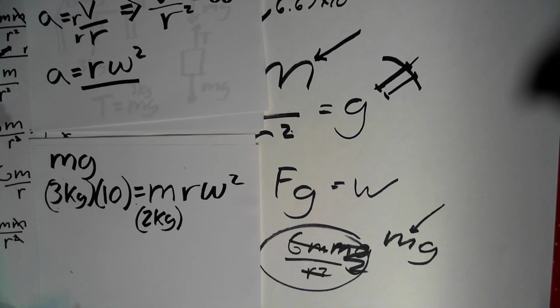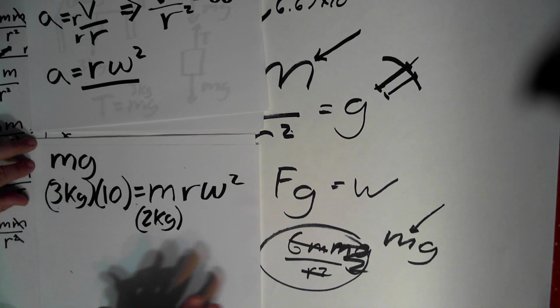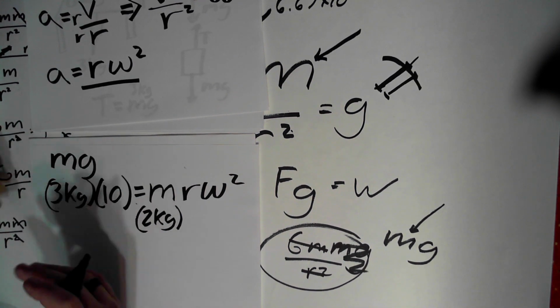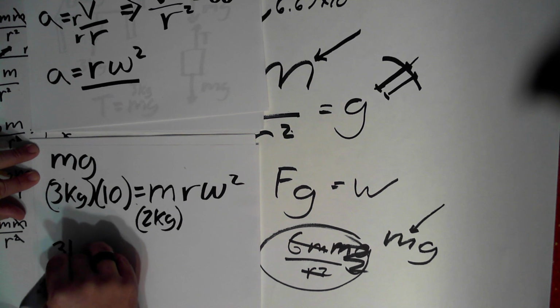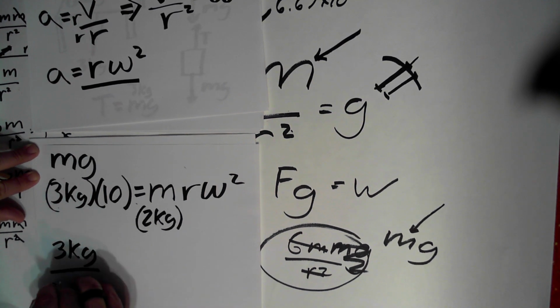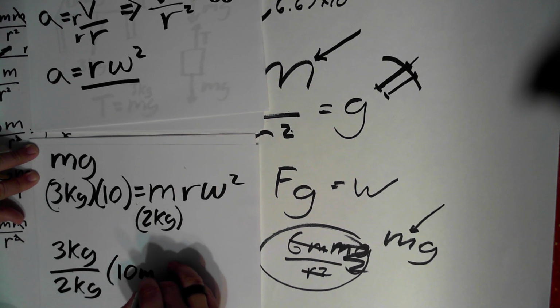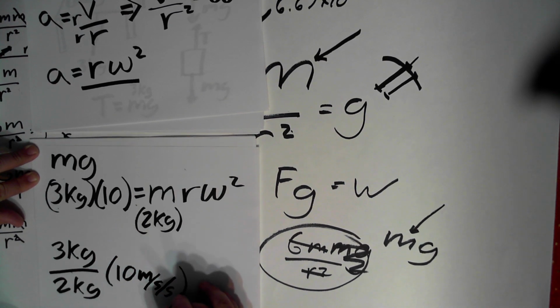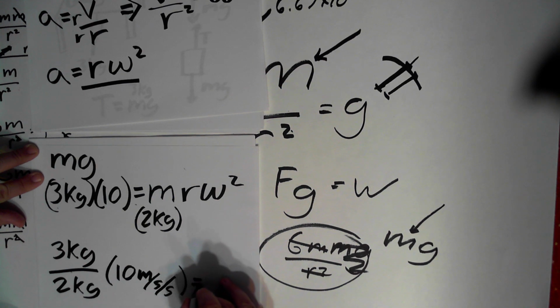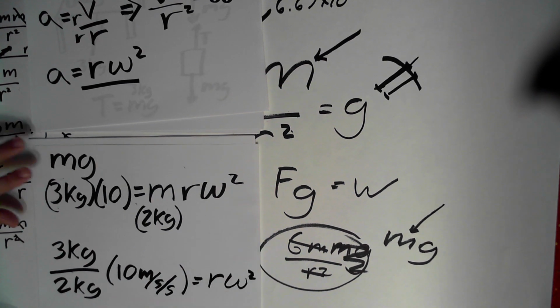Okay, so now combining things and moving things around and solving for how fast it's spinning, I'm going to get 3 kilograms divided by 2 kilograms times 10 meters per second squared is equal to r omega squared.